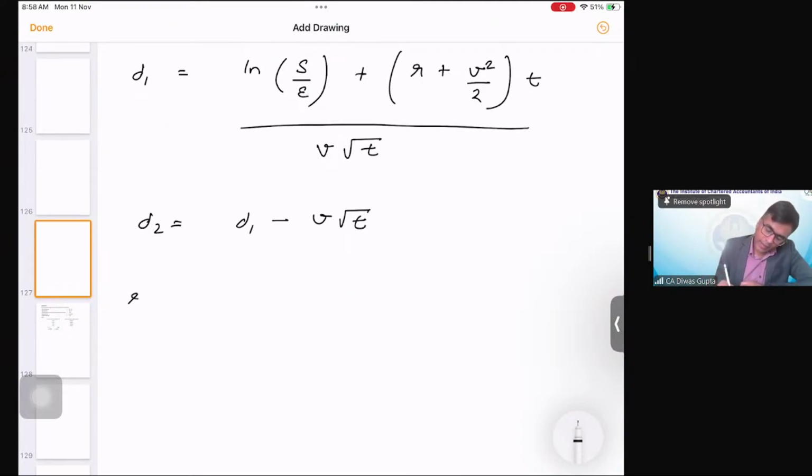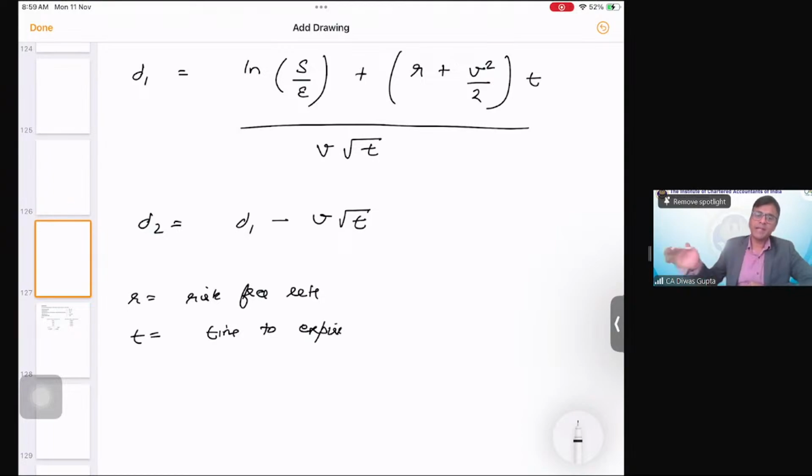And here R is equal to the risk-free rate. T is equal to time to expiry, whatever is the balance time period left for expiry. V is equal to volatility.